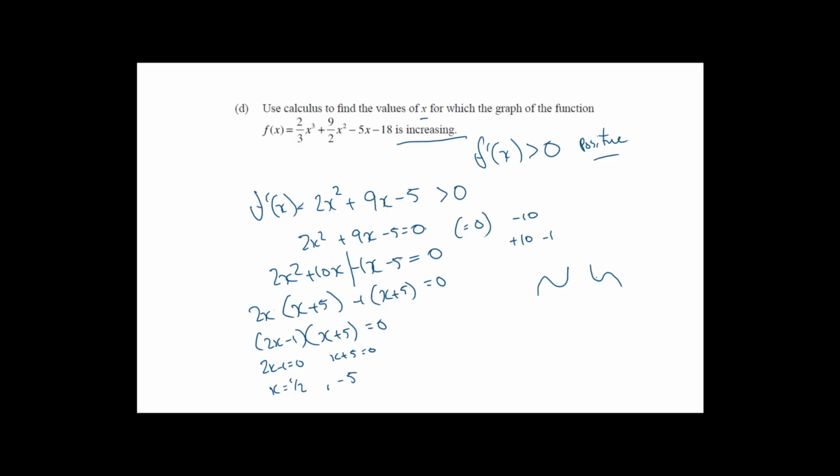So we're going to take some point between negative 5 and half, and I'm going to say 0, because it's just easy to work out. So I'm going to put 0 in here for x. So 2 times 0 squared is 0, plus 9 times 0 is 0, minus 5 is negative 5.